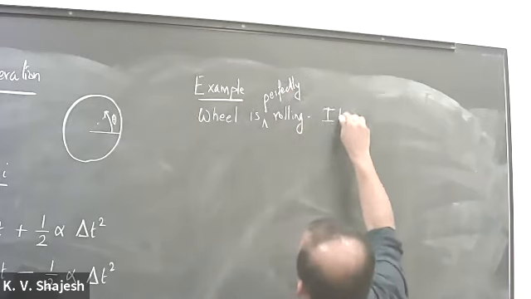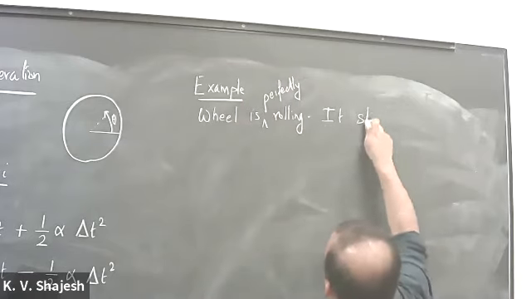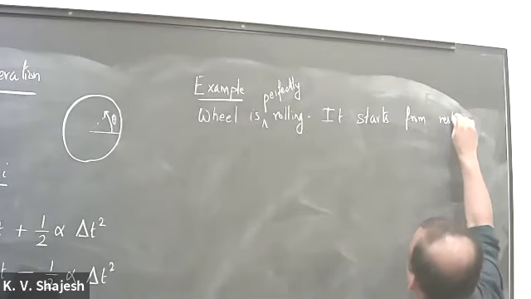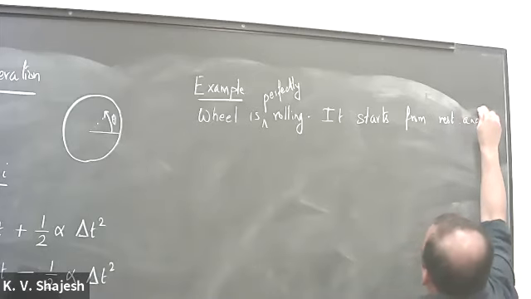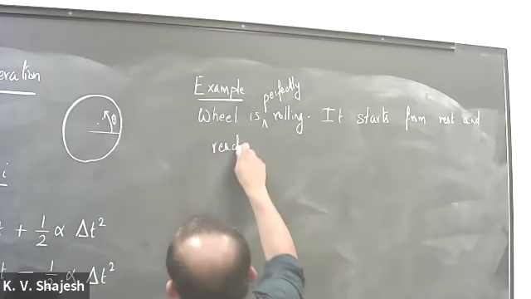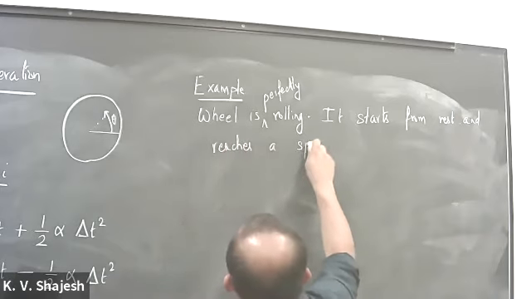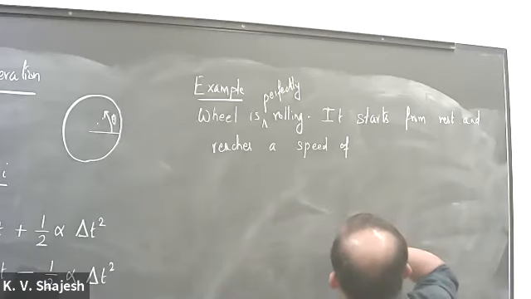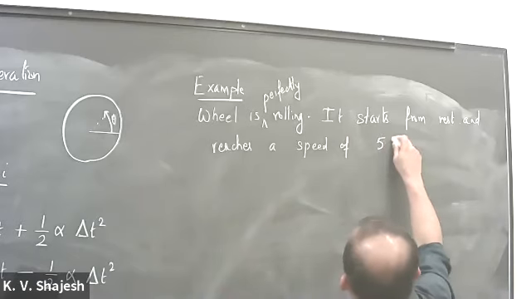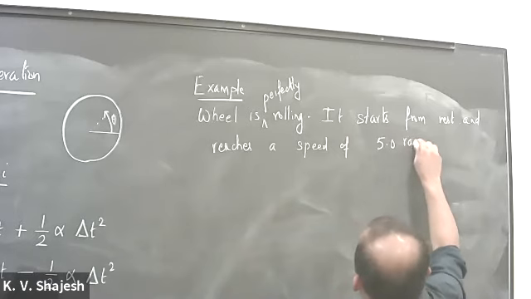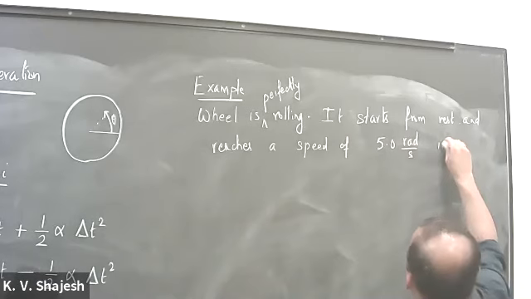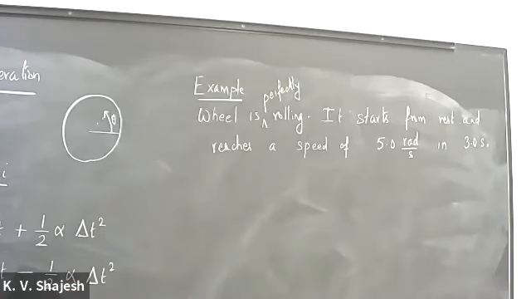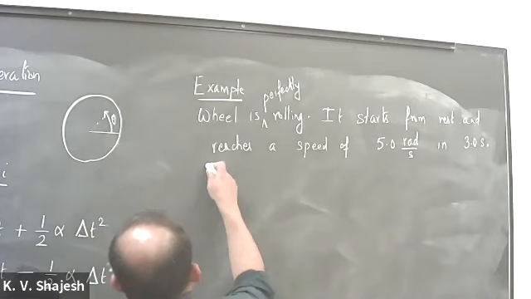It starts from rest, that means initial velocity is zero, and reaches a speed of, let's say, 5 radians per second in 3 seconds. And we could ask, what is the linear acceleration?